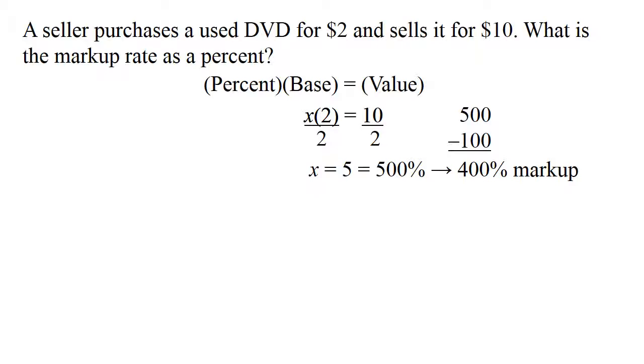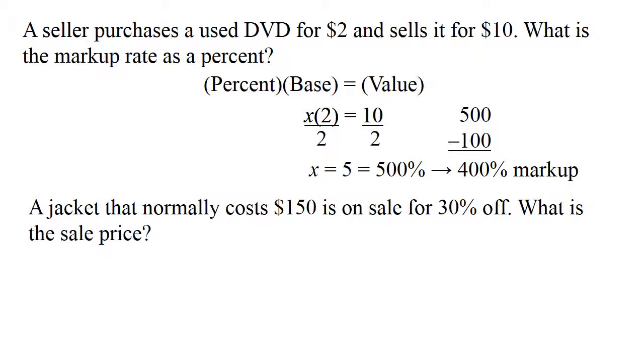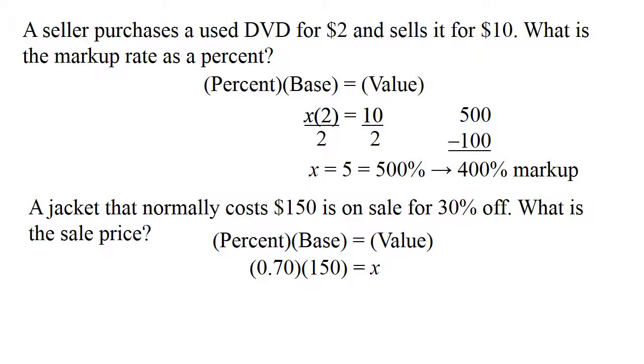This also works for discount problems. So let's look at some discount problems. A jacket that normally costs $150 is on sale for 30% off. What is the sale price? So again, percent times base equals value. The normal cost is the base. And we know the discount rate, the percent. So we're going to figure out the value. Notice I put 0.70 here instead of 30%, 0.30.